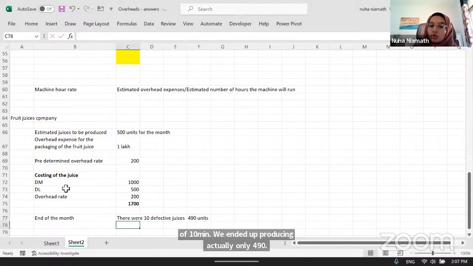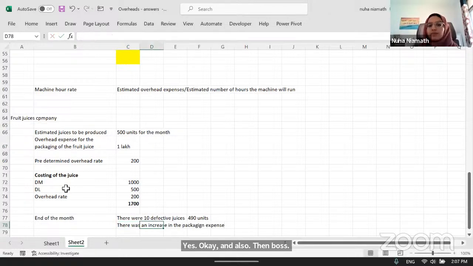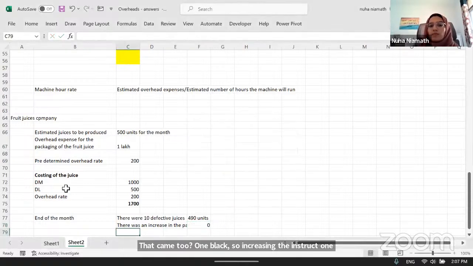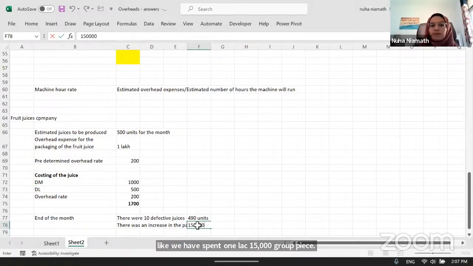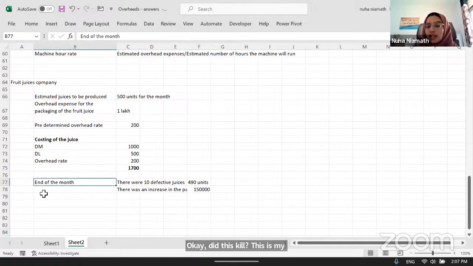Okay. And also there was an increase in the packaging expense. Instead of 1 lakh, we have spent 1,50,000 rupees. Okay, is this clear? This is my actual expenses at the end of the month.